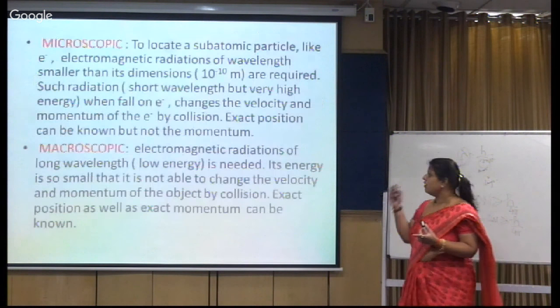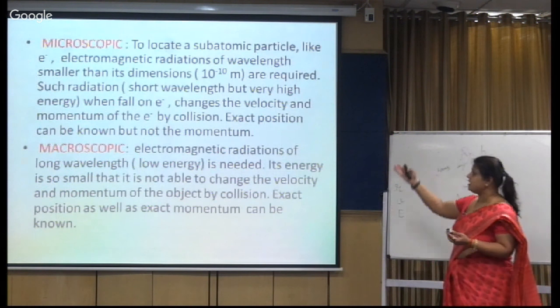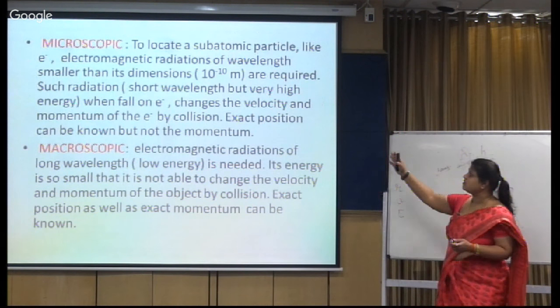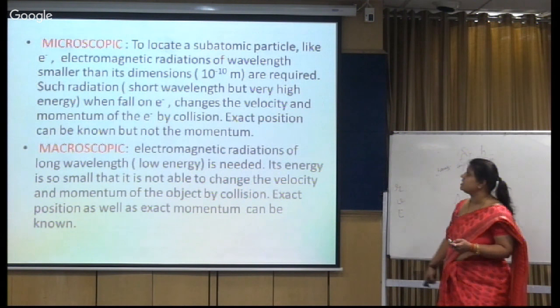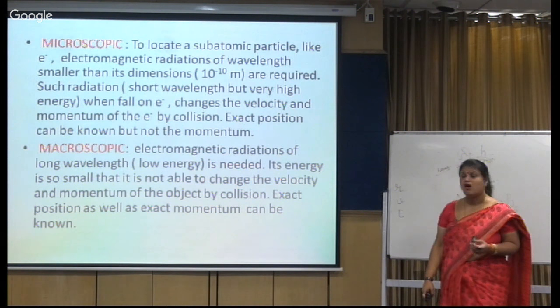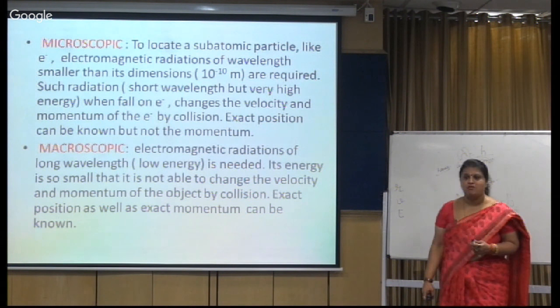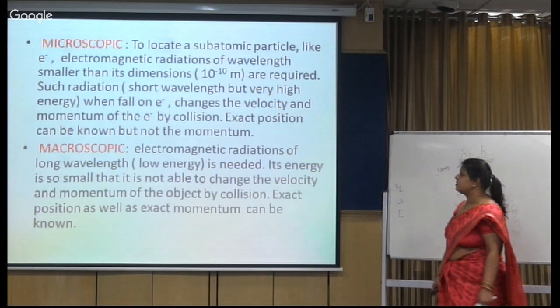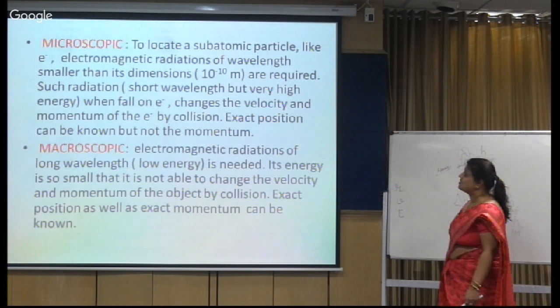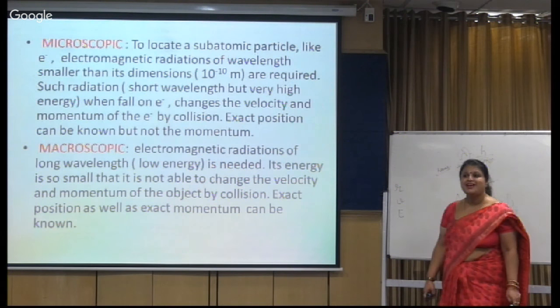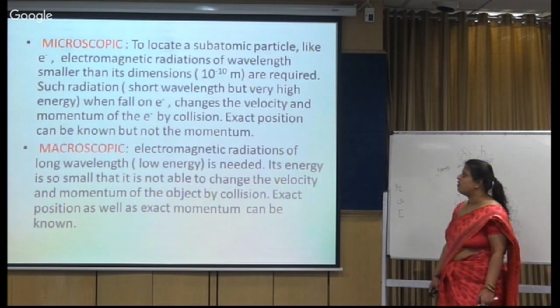Now this is nothing but the same that we have discussed. For microscopic objects, to locate a subatomic particle like an electron, we require radiation of very small wavelength, maybe of the order of 10 to the power minus 10 meter. Such radiations are highly energetic, and when they collide with the electron, they change its velocity and momentum.